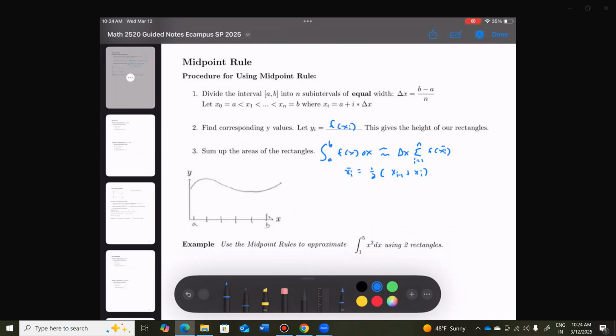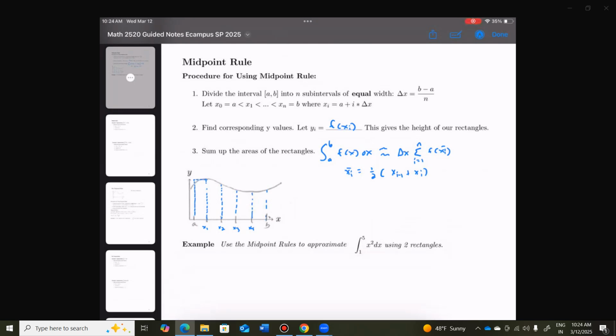And so we have these rectangles here. This is going to be x sub 1, x sub 2, x sub 3, x sub 4, and then a and b are your x sub 0 and x sub n. And each of these is going to have a rectangle associated with it. The first rectangle is going to go from a to x sub 2 horizontally.